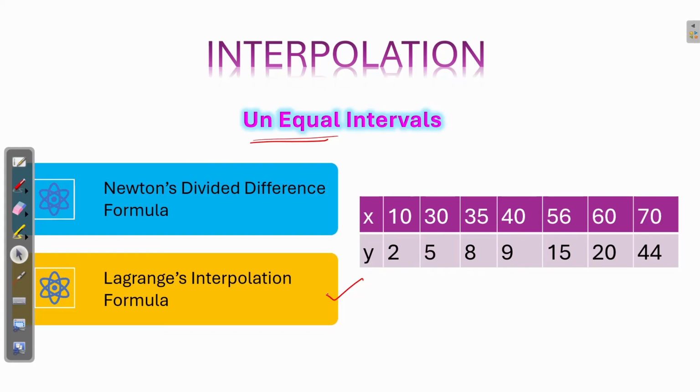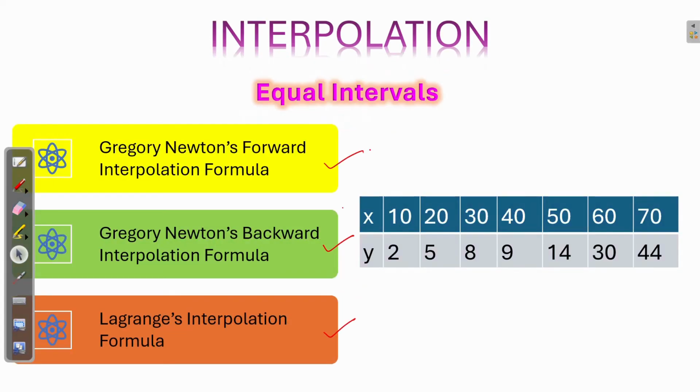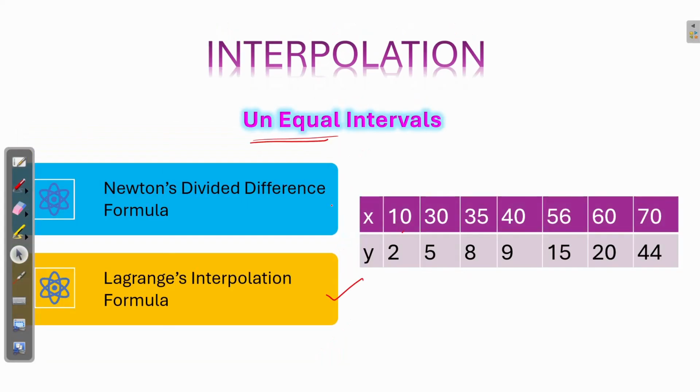Right. Particularly for equal intervals, we have Newton's forward interpolation formula and Newton's backward interpolation formula, and for unequal intervals, we have Newton's divided difference formula.